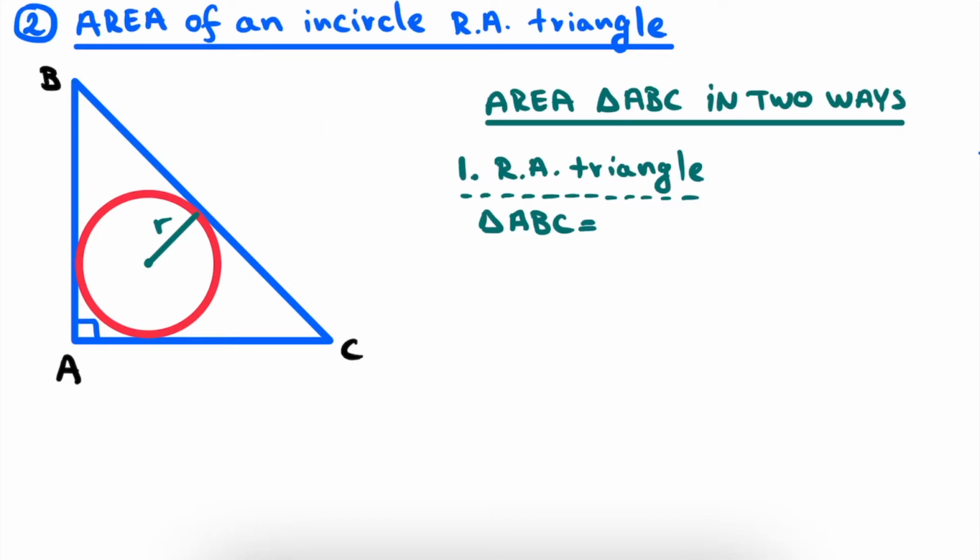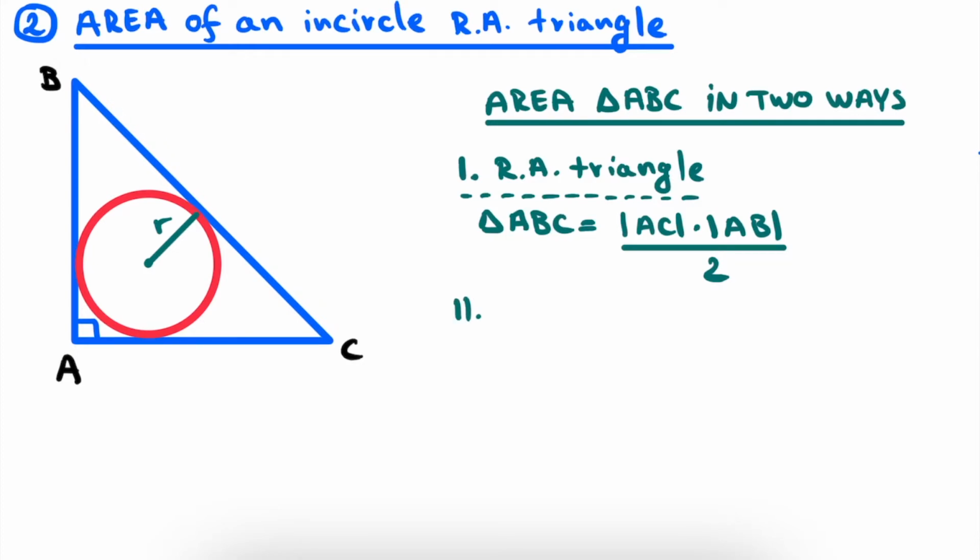This means that the area of the triangle is equal to the first length AC, which is this one right here, multiplied with the second length, which is length AB, divided by 2. And in this very straightforward way, we have already found one formula for the area of our triangle.